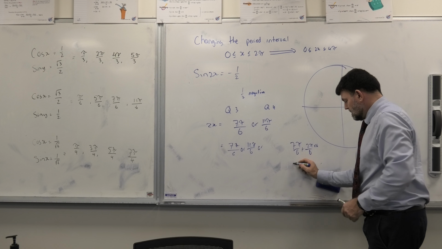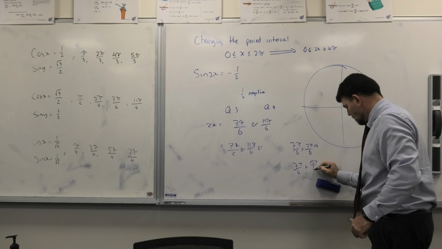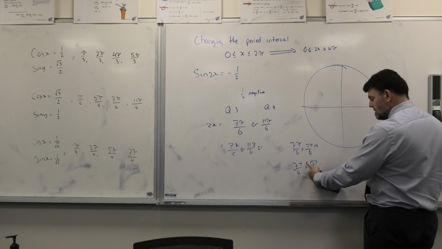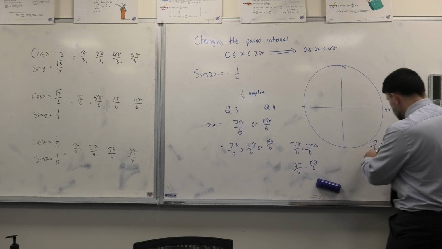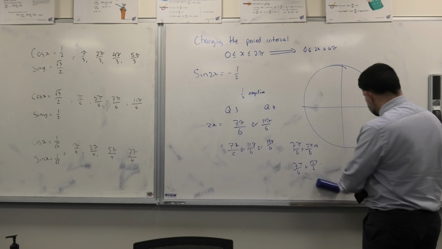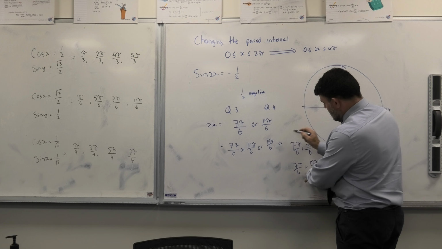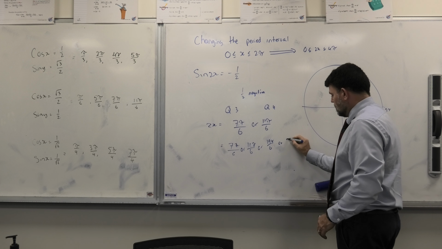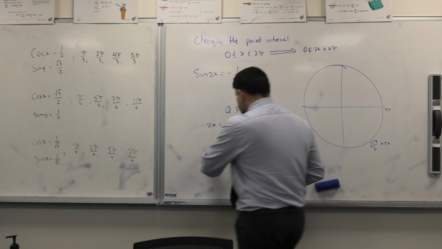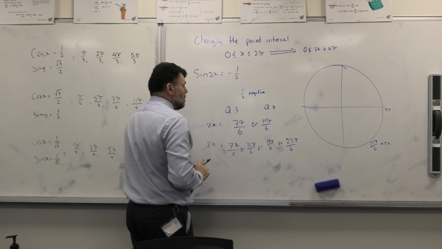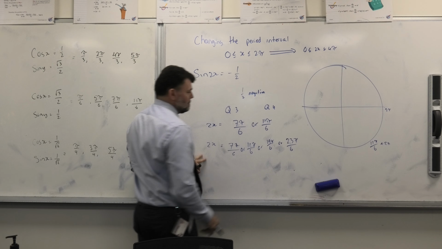So therefore, we get 7 pi on 6 plus 12 pi on 6, which is 19 pi on 6. And then we can do the same thing here. 11 pi on 6 plus 2 pi, which is the same as 12 pi on 6, is 23 pi on 6. So therefore, we've now worked out from 0 to 4 pi that we have 4 coordinates.